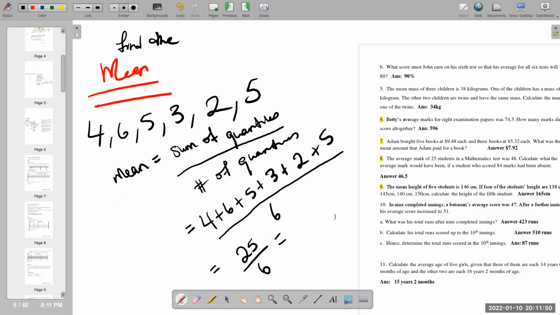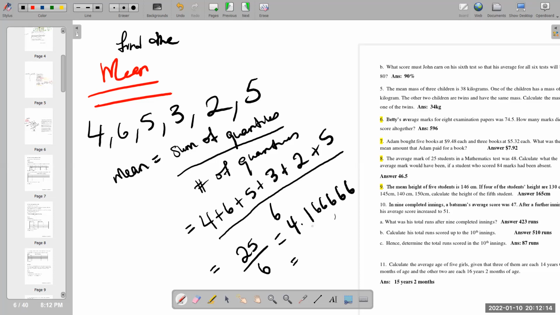So when I divide this, how much y'all get? Let me check it myself. 25 divided by 6. I got 4.16666. That's what y'all get when y'all put it in the calculator. So directly, this is what my calculator gives me, 4.166666.